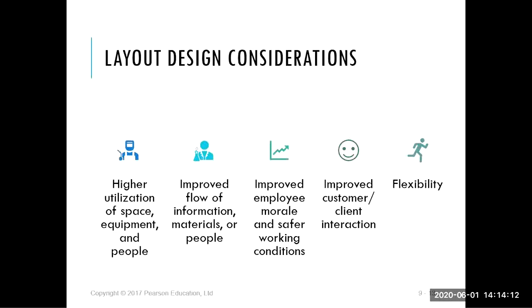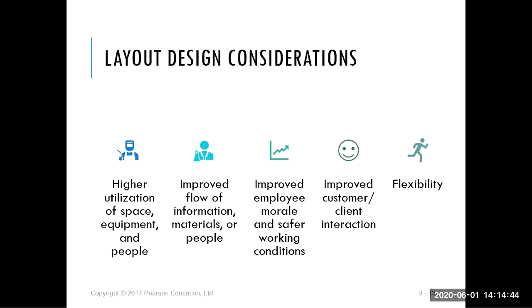So when you decide on the layout, you must consider how to achieve these 5 elements. First, you want to utilize all the space, equipment, and people that are available in the organization.